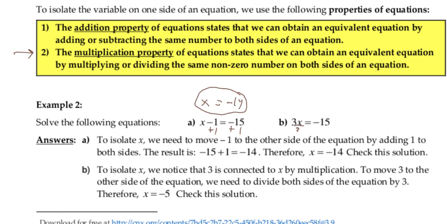If I divide both sides by 3, I'd be left with x, because 3 over 3 is 1, equals -5, right? And I can always check my work by plugging the -5 back in or plugging the -14 back in, okay? So in these two problems, we really were able to solve these with just one step. But what about two-step problems, right? We'll take a look at those in a moment.